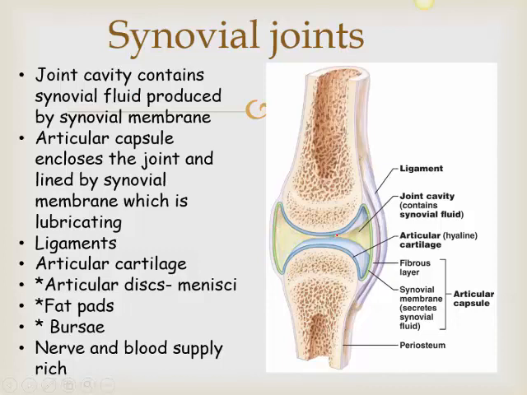It has fluid called synovial fluid. And there is this membrane which covers the non-articular parts of the 2 bones, because the articular areas, that means the areas which are going to come close to each other and move against each other, those articular areas are covered by articular cartilage. So here you can see, here is the articular cartilage.